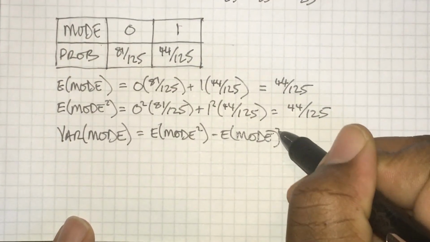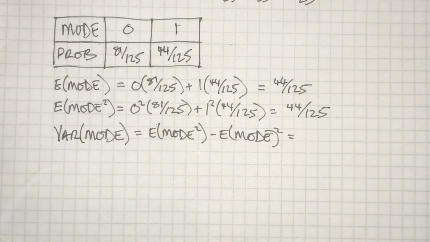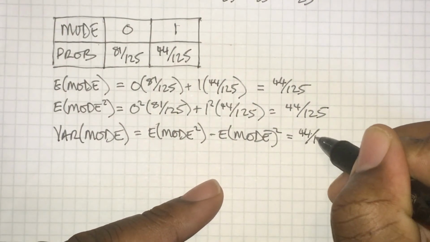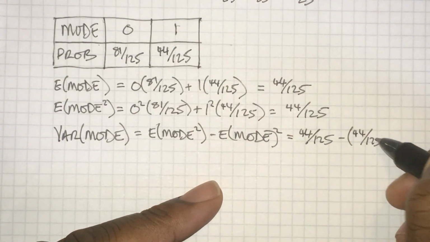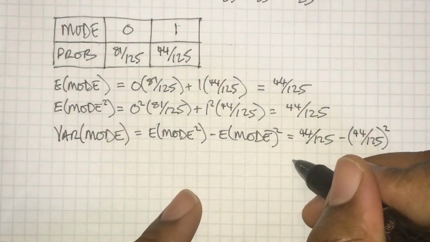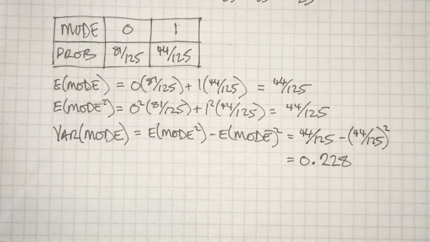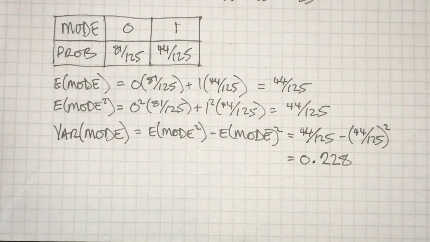Substituting those values, 44 over 125, subtract 44 over 125 squared. And in the calculator, that gives us 0.228. All right, so that's our expectation and our variance. So I want you to try and show the sampling distribution for the max value, so the maximum out of the items that made up your sample.